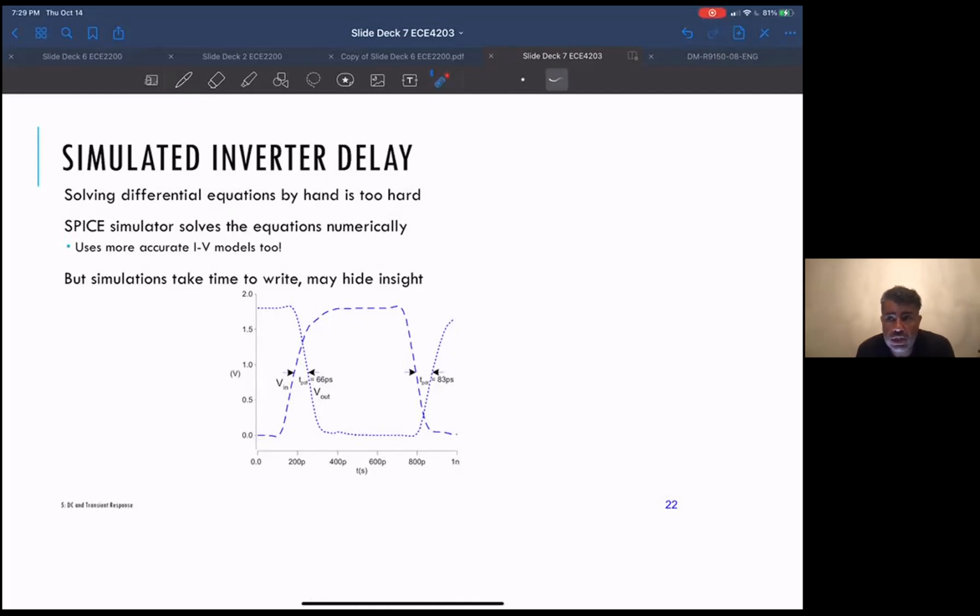If you actually go design the circuit, it's going to take you weeks, months to design and simulate it. And then at that point, you'll go, oh, this circuit is not going to meet this clock speed in this process, right?